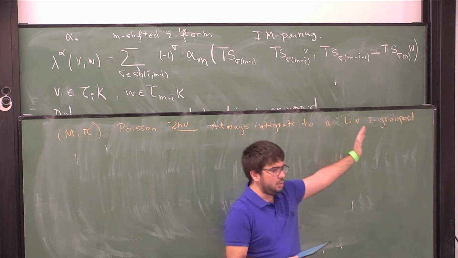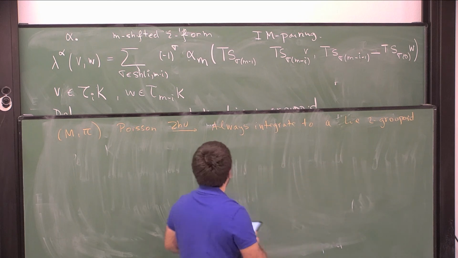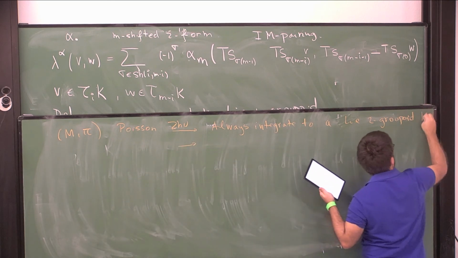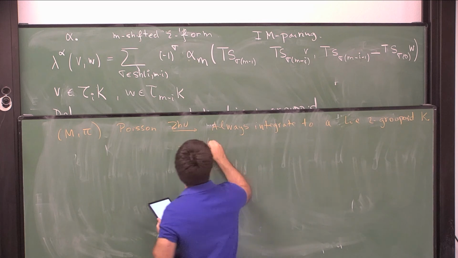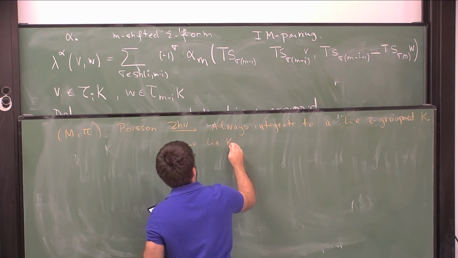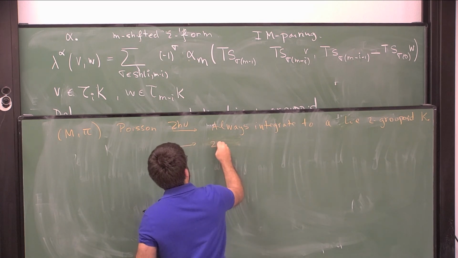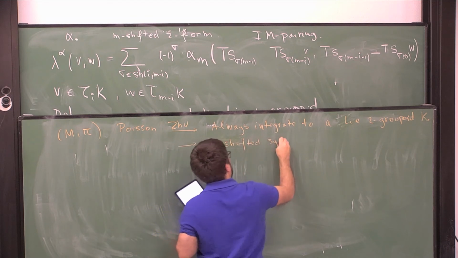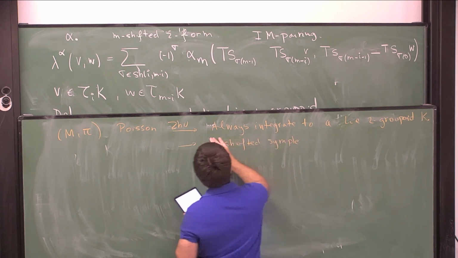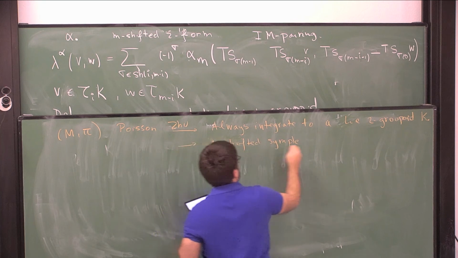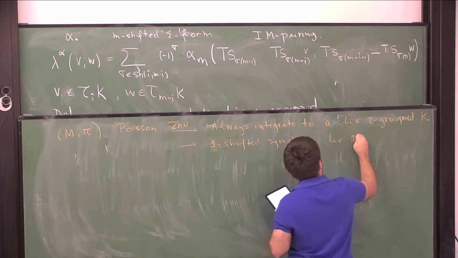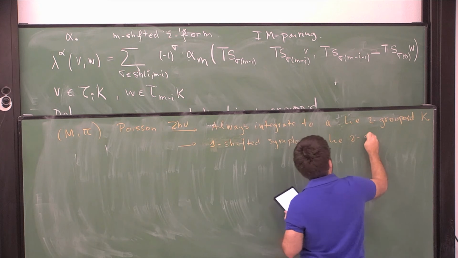And with that transversal, you can construct a Lie 2 groupoid. And what we show is that this Lie 2 groupoid is in fact two-shifted symplectic. Sorry, this is a one-shifted symplectic Lie 2 groupoid.